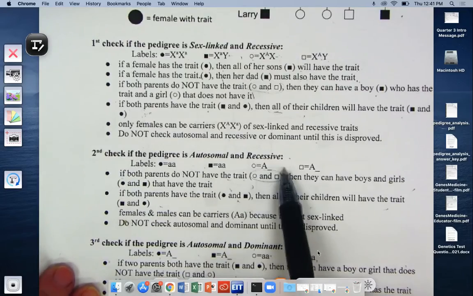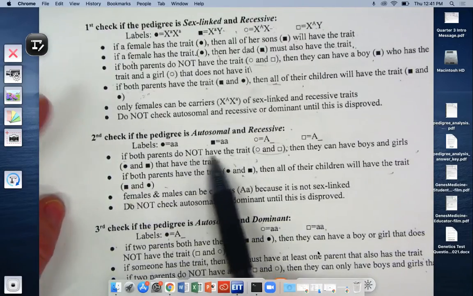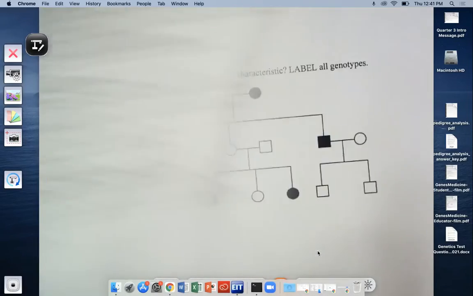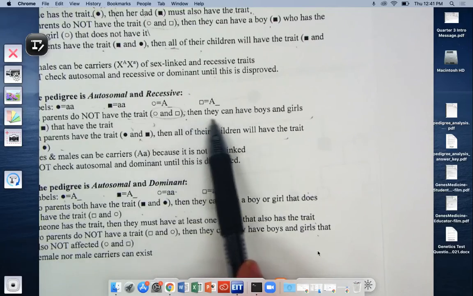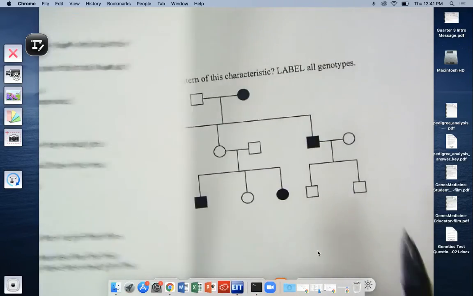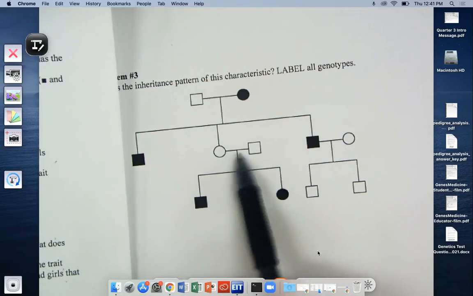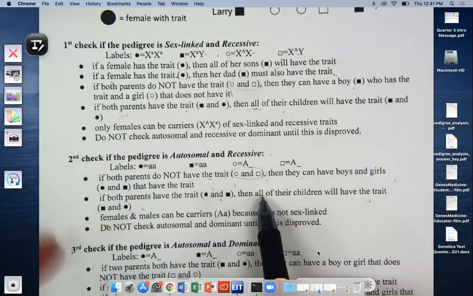Next one, autosomal and recessive. If both parents do not have the trait, do we have that? Okay, here. Then they can have boys and girls that have the trait. They don't have the trait, but they can have children that have it. Okay, that kind of works.